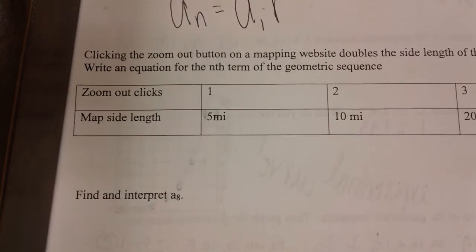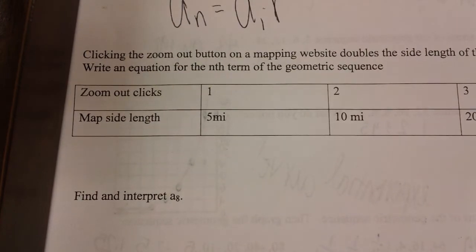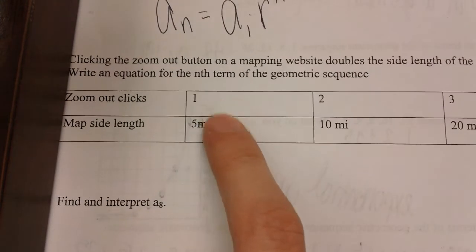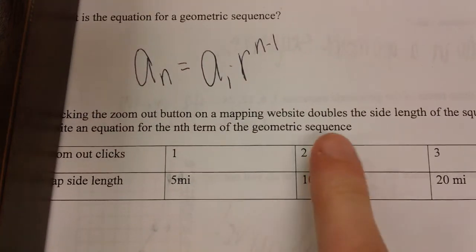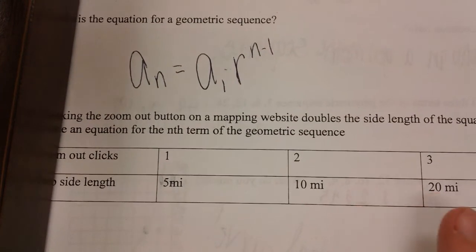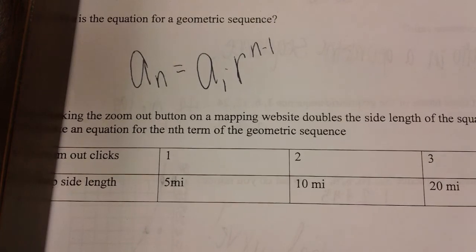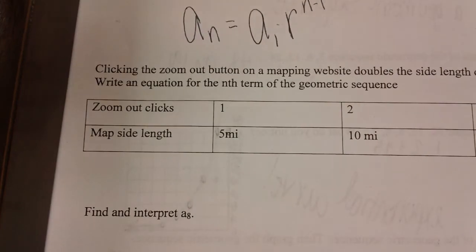So if we have a real-life application, clicking the zoom out button on a mapping website doubles the side length of the square map. Write an equation for the nth term of the geometric sequence. If we click once, the side length is 5 miles. If we click twice, the side length is 10 miles. And if we click 3 times, the side length is 20 miles. So it doubles each time.